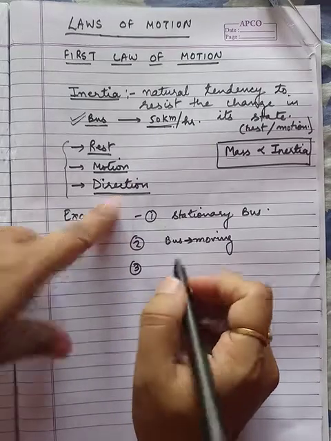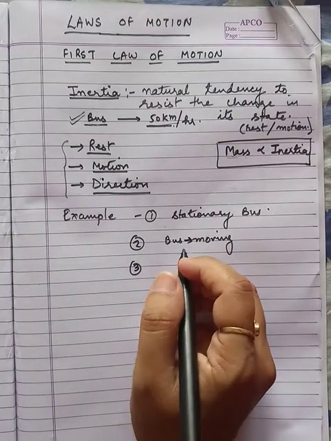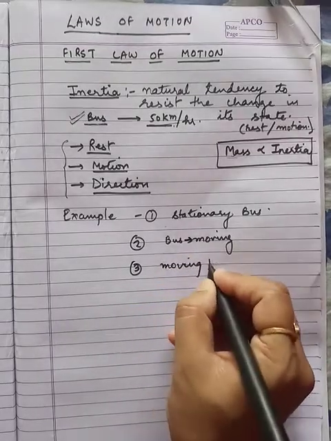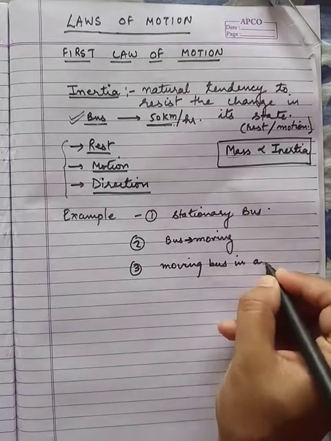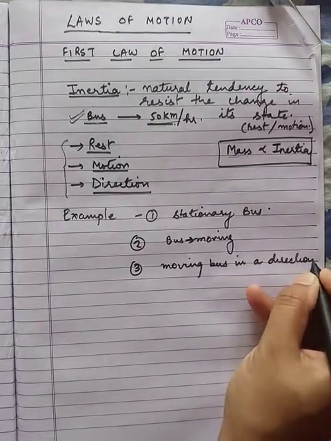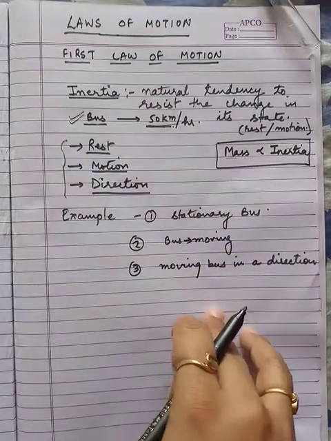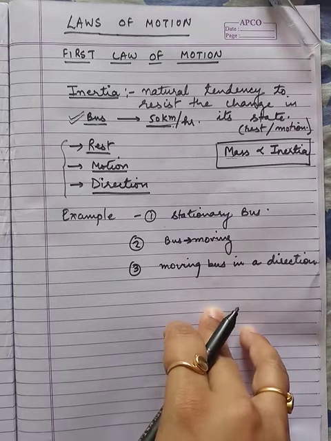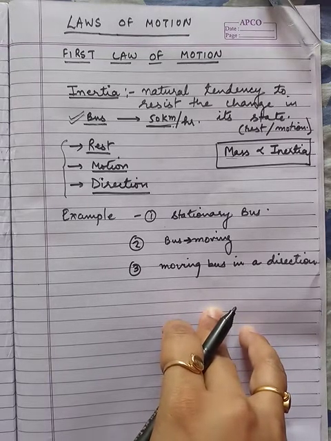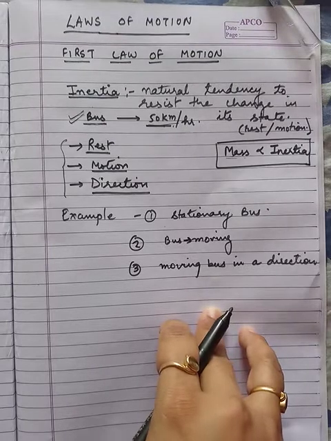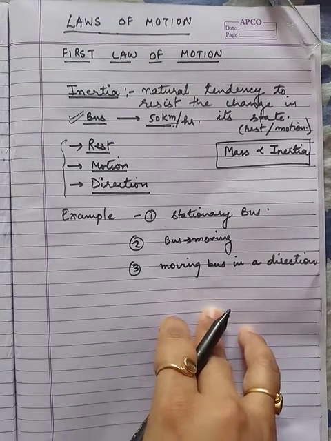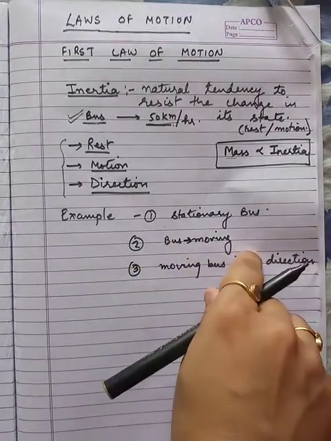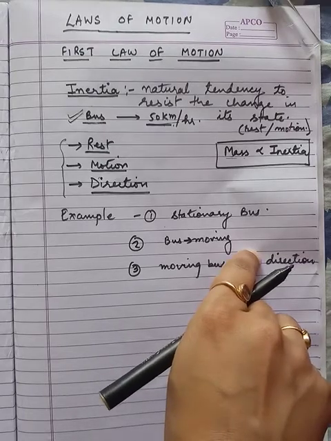Thirdly, inertia of direction. In that case, we can consider a bus moving in a particular direction. If the driver is changing its direction, suppose the driver wants to take a right turn, then our body will try to remain in the same moving straight condition. Our driver is moving the bus, but our body does not want to change the direction.